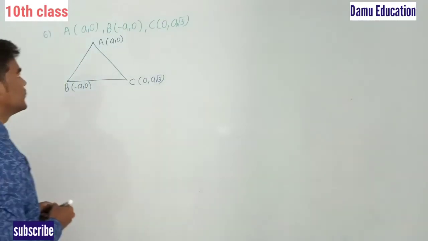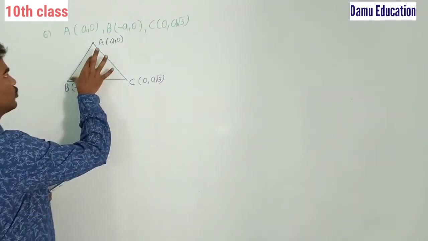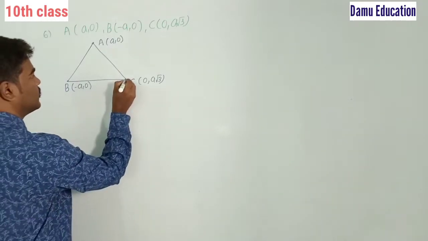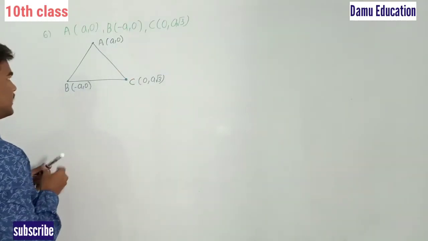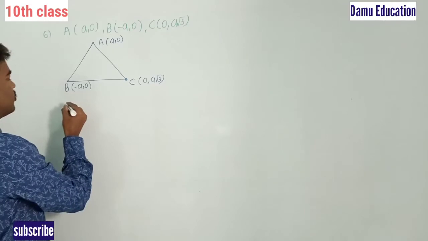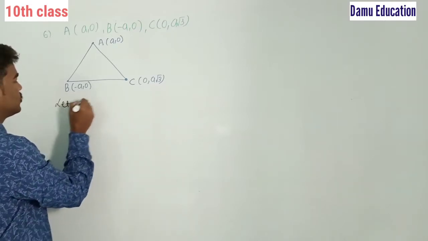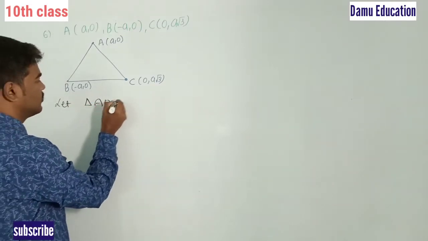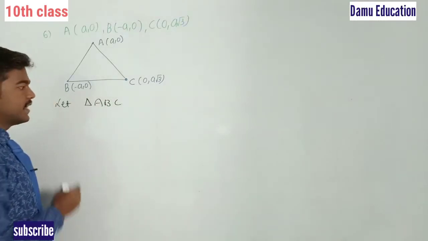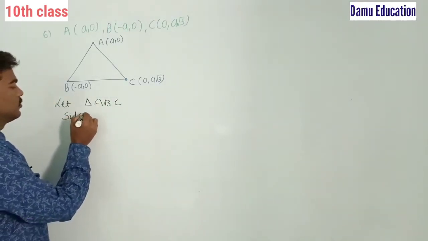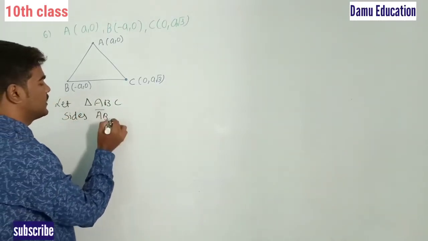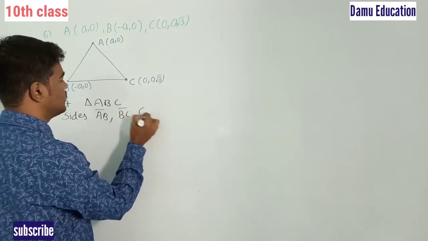Then let's calculate the length of all these sides. So what is the formula? Let triangle ABC. What are the sides? AB is one side, and BC and CA.